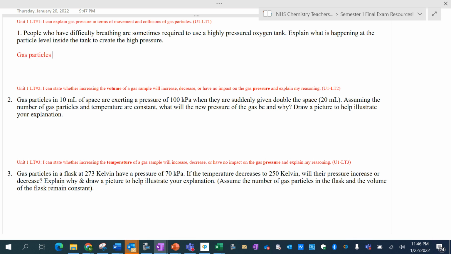Gas particles are in constant, rapid motion. They move in straight lines until they hit a wall or another particle and change directions.